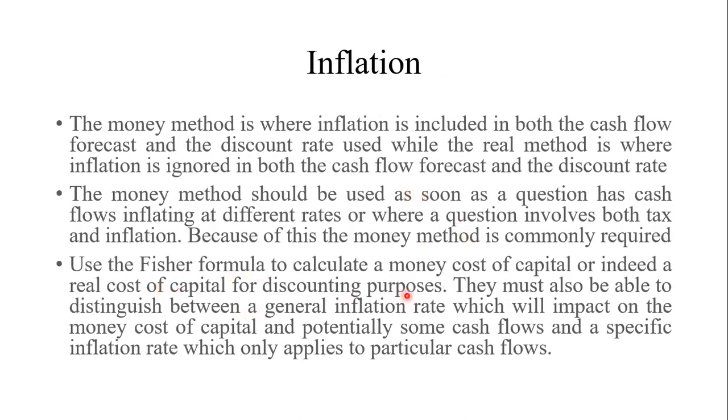Use the Fisher formula to calculate a money cost of capital, which is your I. 1 plus I. So you eventually have your I. I becomes your money cost of capital. Or indeed, a real cost of capital for discounting purposes. Remember, the purpose of calculating the cost of capital is to discount our cash flows.